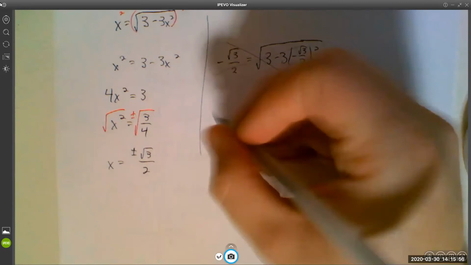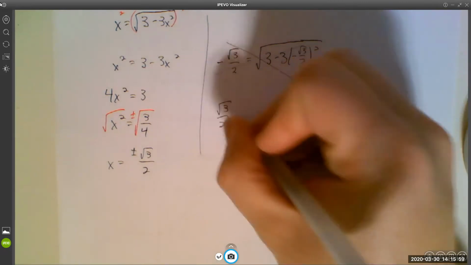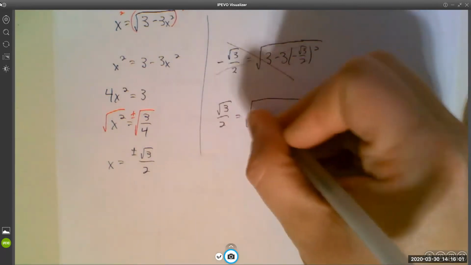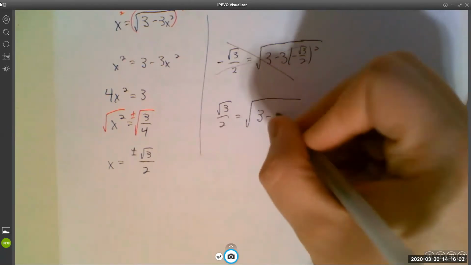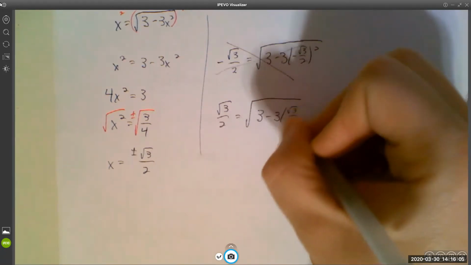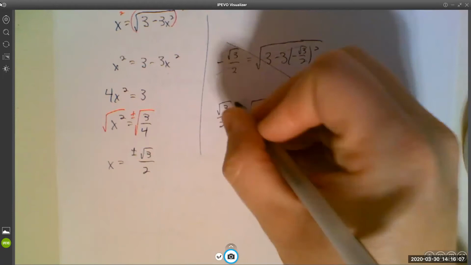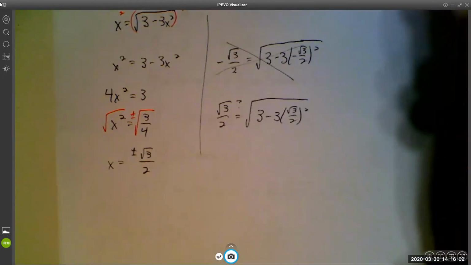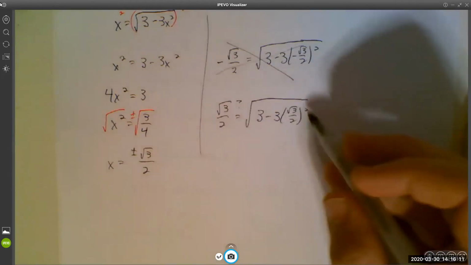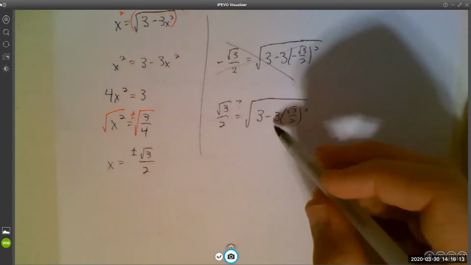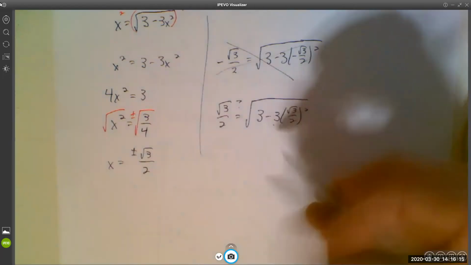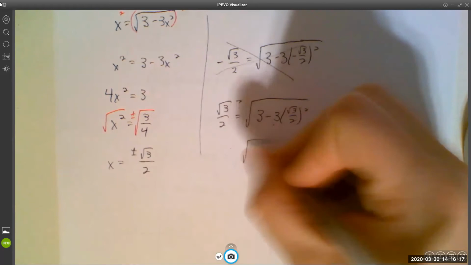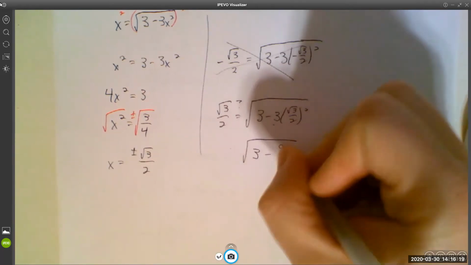We can check positive root 3 over 2, see if it works. So we want to know if this is true. Well, let's see. Root 3 over 2 squared, that would be 3/4. 3/4 times 3 would be 9/4. So we've got square root 3 minus 9/4.